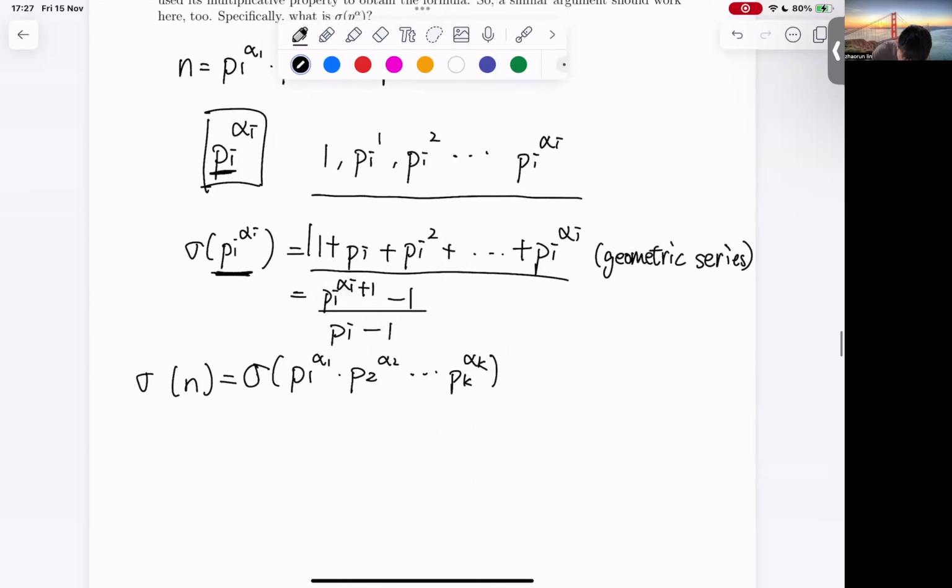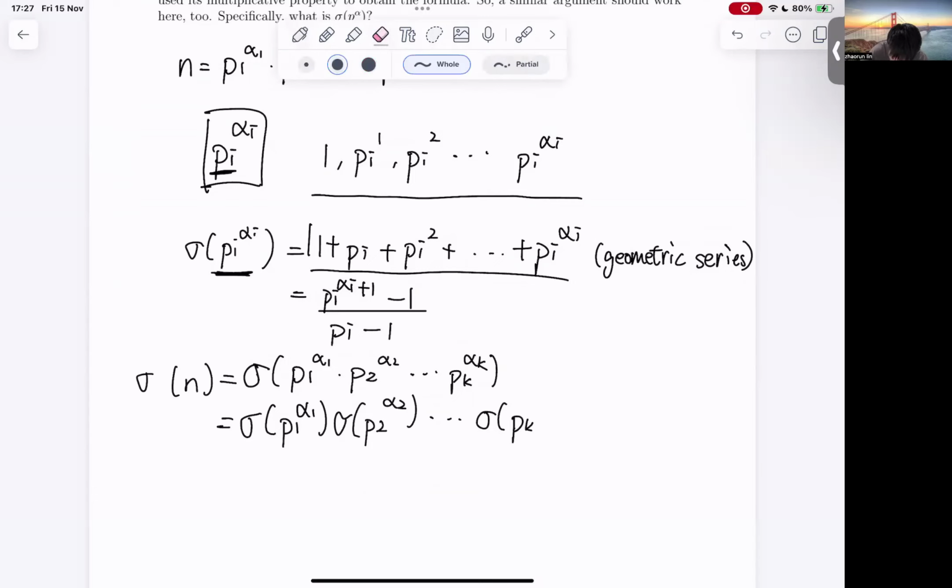And since this sigma is multiplicative, we can have this.